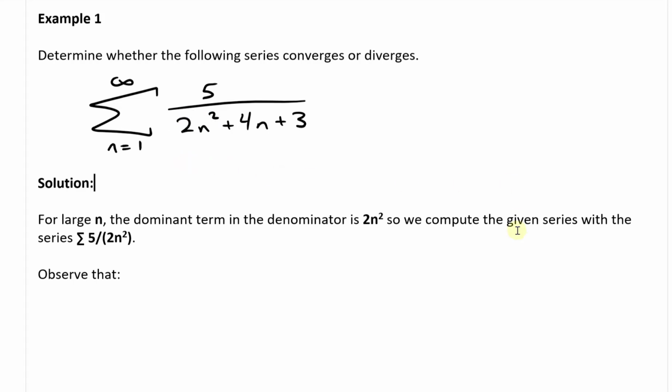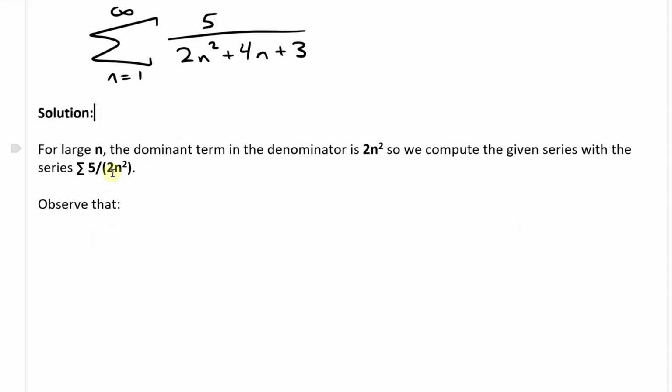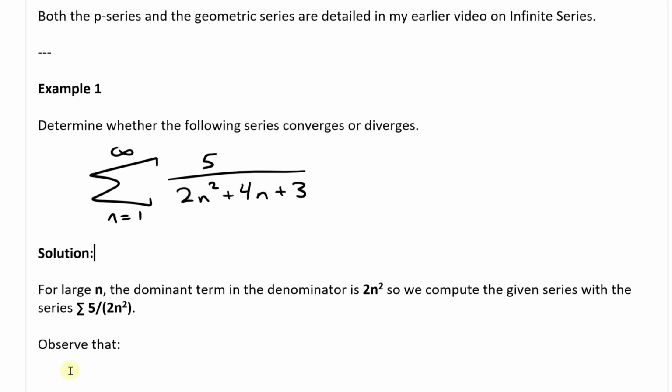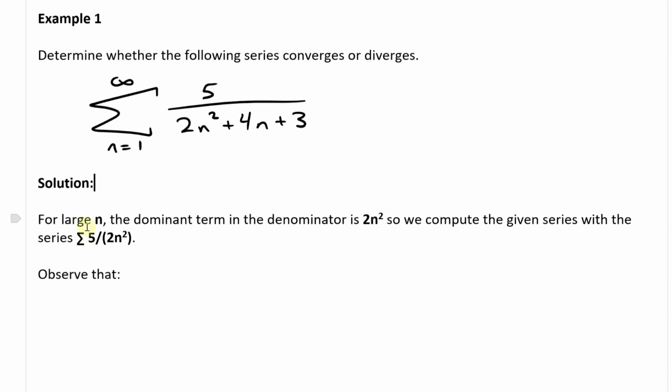So we compare the given series with the series 5 over 2n squared. We look at the more dominant one as n goes to very, very large.